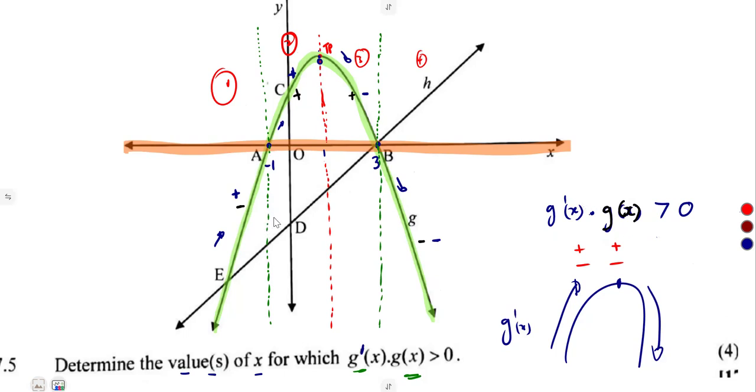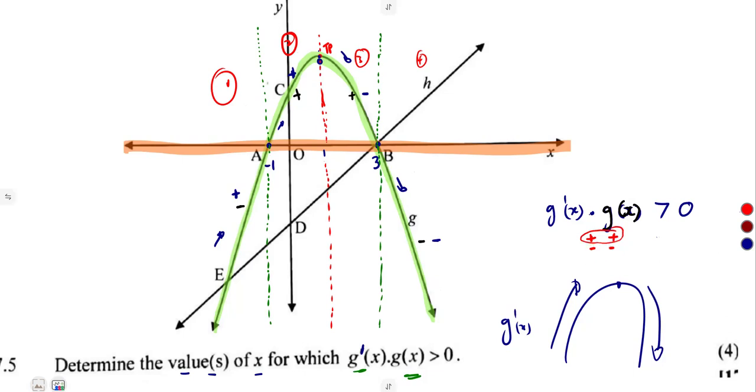Once it's like this, it is easier now for you to have the solutions, because you need where it is greater than 0. Greater than 0, it must be positive, positive, all right, negative, negative, all right. So this is what we are going to need. The product of the two to be positive, or the product of the two to be what? To be negative.